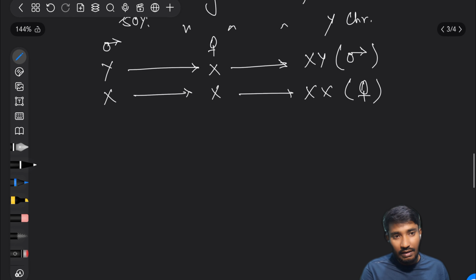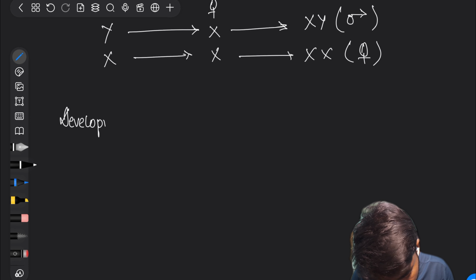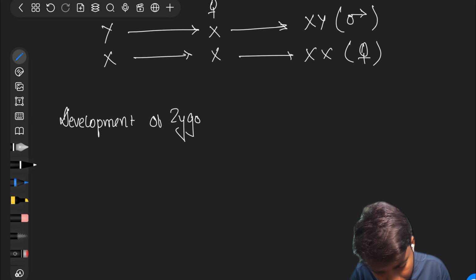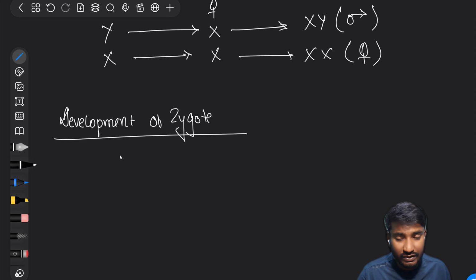So now if we come to the development of the zygote, the topic is the development of zygote. Okay, how is the zygote developed here?